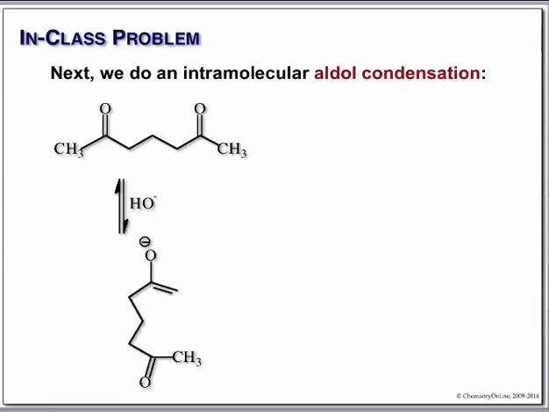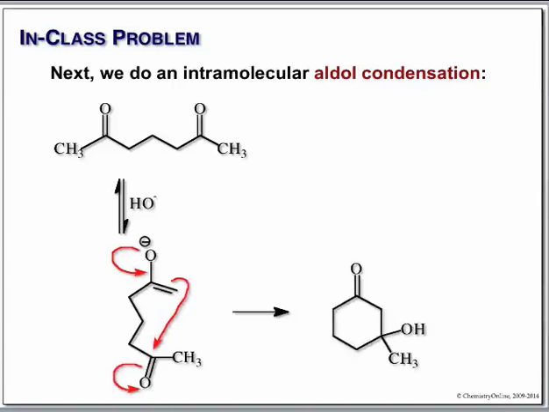Now we've done aldol condensations. We know that this anion is going to collapse. Electron density is going to attack down here. We're going to make our ring, and we're going to have a beta hydroxy carbonyl. We know that. Simple aldol, just all in the same molecule. That's what happens. And that's what we get.